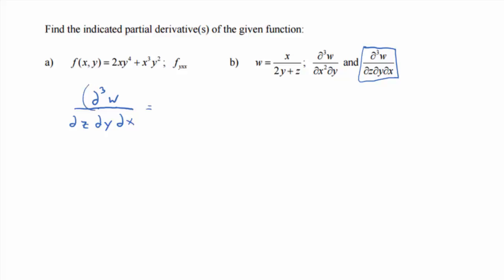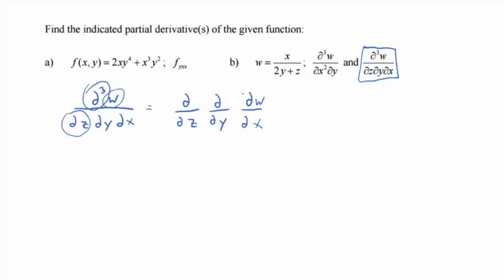This means 3 d's, right? D, D, D. The first one will be underneath the dz, the second one will be dy, and the third one underneath it will be the dx. And then there's a w on this one.